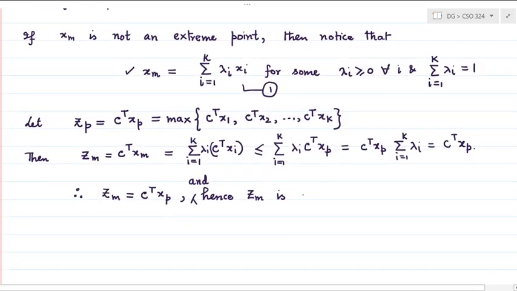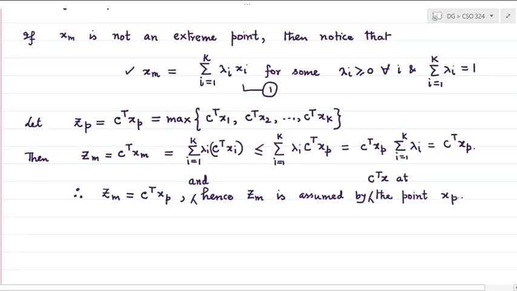Zm value is assumed by the point xp. By Zm assumed by xp, I mean Zm is equal to C transpose xp, the objective function value given by the function C transpose x at the point xp. Fine, and that is what you wanted to prove, which is a vertex.